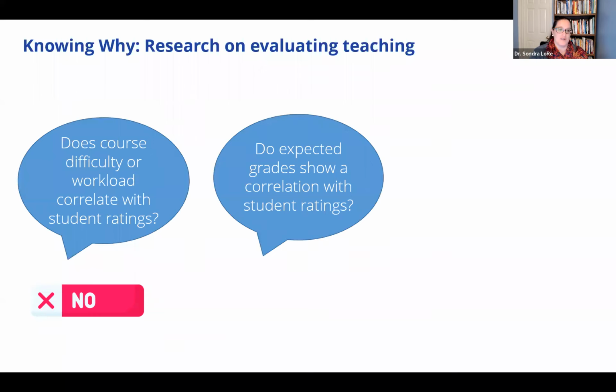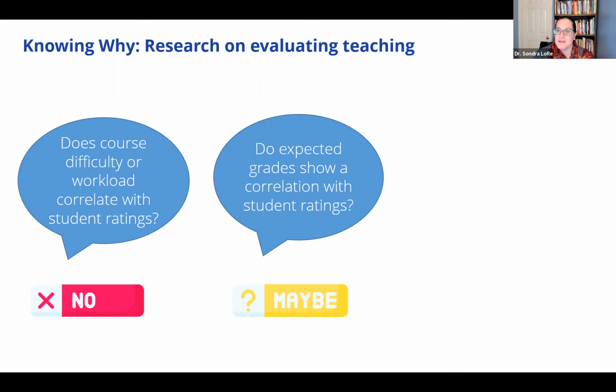There isn't evidence to support that increased difficulty means the teacher is going to score lower. A closer look at literature around the question, do expected grades show a correlation with student ratings? Maybe. The research here is very split. There's often a question on end of course evaluations that says, what grade do you expect to get in the class? Students that expect a grade of A or B do typically score the professor higher than students that, about half the time, expect to get a C or D. But that isn't always true.